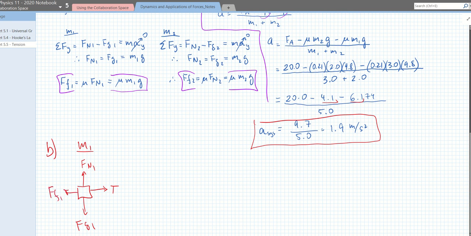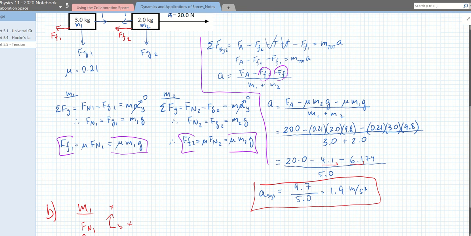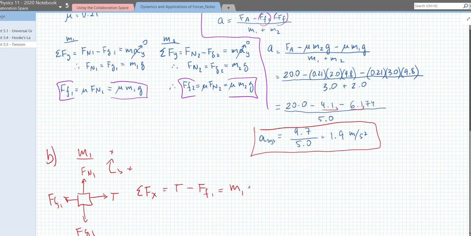Now we already found what force of friction was from up here, so my Fnet for x direction, let's make it positive this way, is going to be tension minus force of friction equal to m1, which was 3 kilograms, times the acceleration of the system that we found.